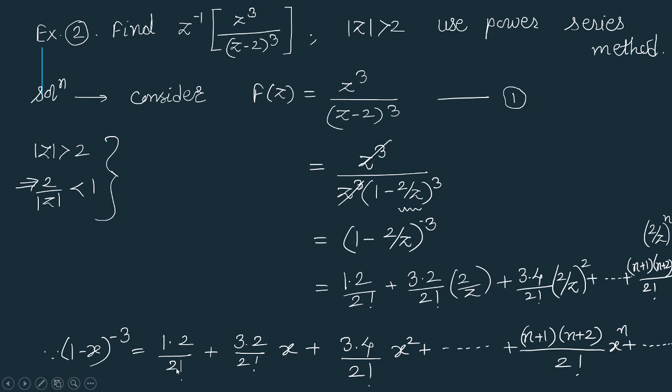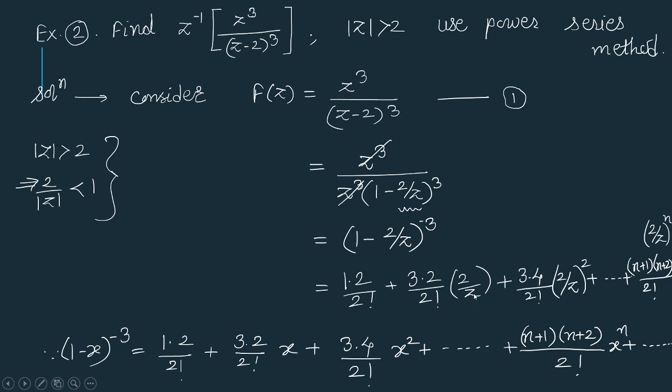1, then plus 3 into 2 upon 2 factorial, and here into x square and so on. Here this is the nth term. Now this x is replaced by 2 by z. Therefore here 2 by z, here 2 by z whole square, and this is the nth term. Now, coefficient of this f of n value means coefficient of z to the power minus n.